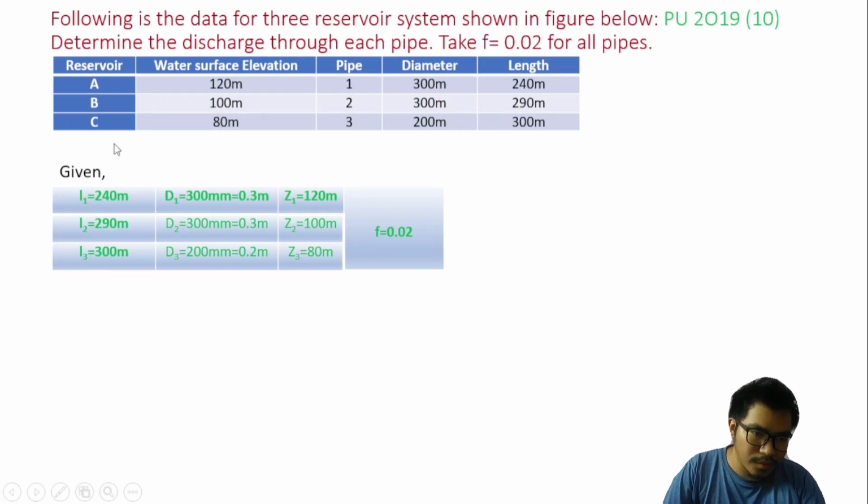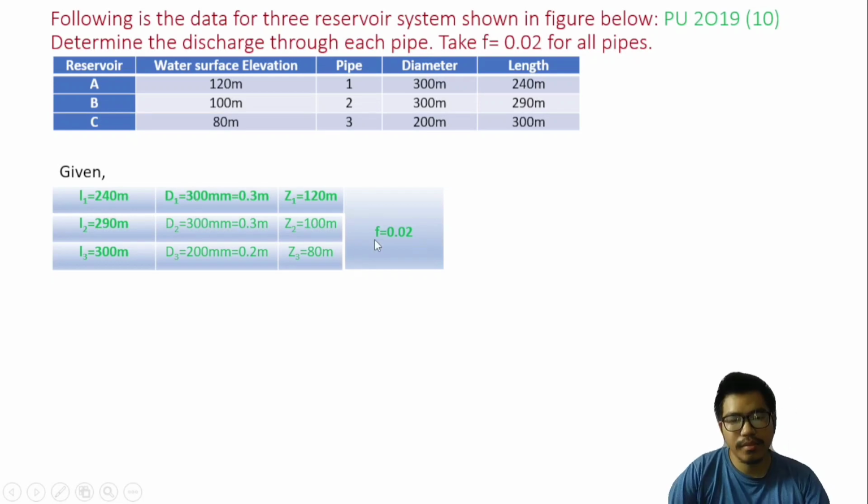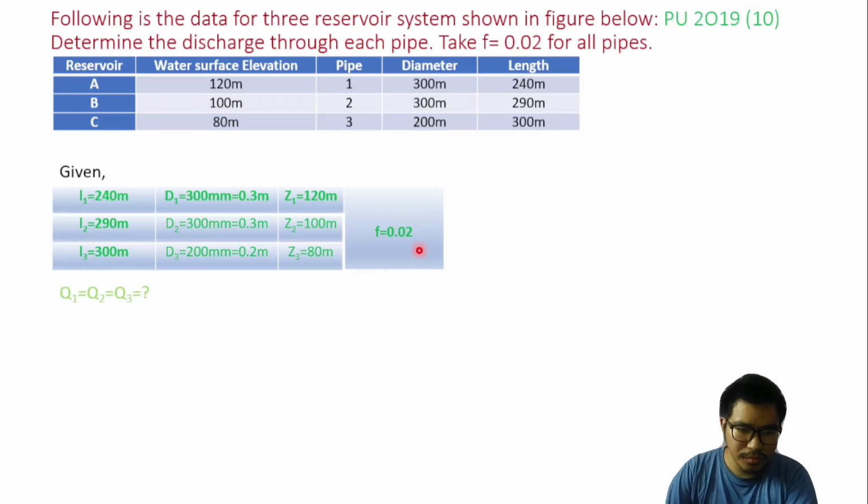First of all we write the given length, diameter and elevation, and the friction factor is also given, 0.02 for all three pipes. So F equals 0.02. We have to find the discharge through each pipe, so Q1, Q2 and Q3.